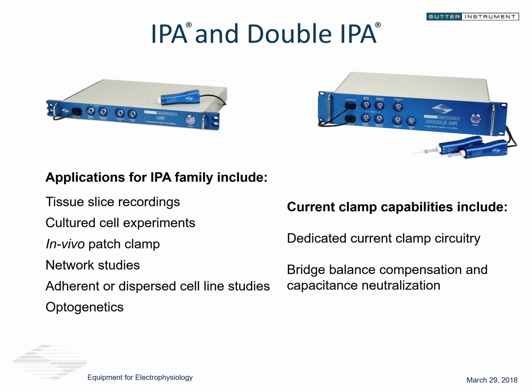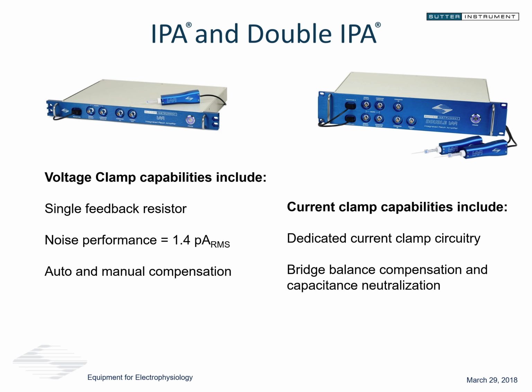There are current clamp and voltage clamp capabilities of the IPA. For the current clamp, there is dedicated current clamp circuitry. This unit also enables bridge balance compensation and capacitance neutralization to remove the effect of the head stage from the actual experimental data. The voltage clamp capabilities include noise performance, an RMS noise performance of 1.4 picoamps.